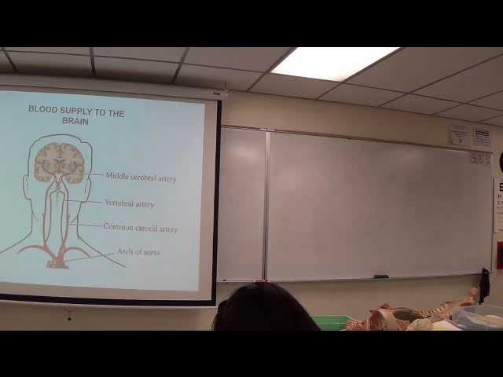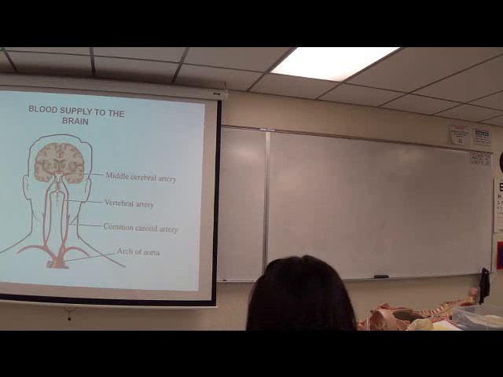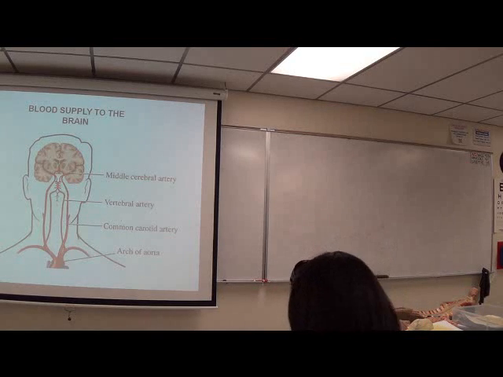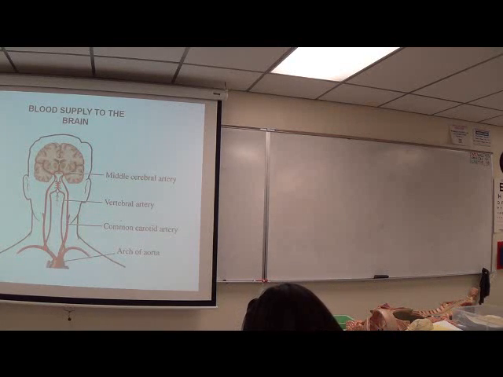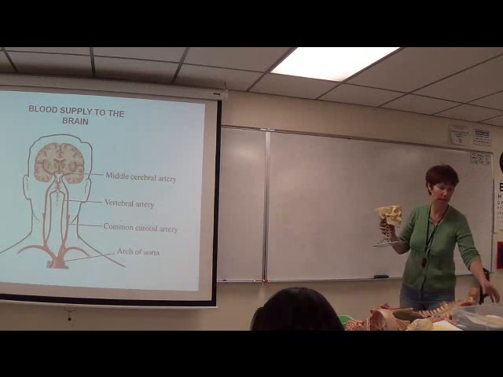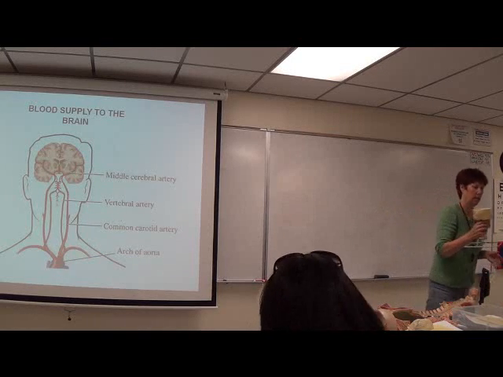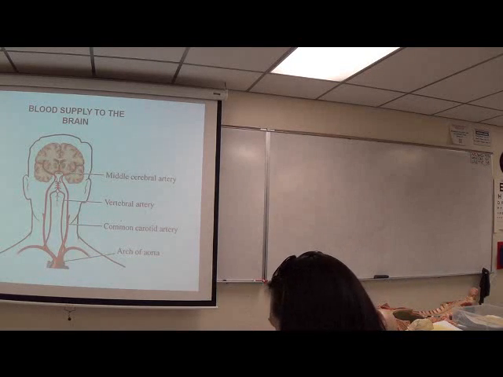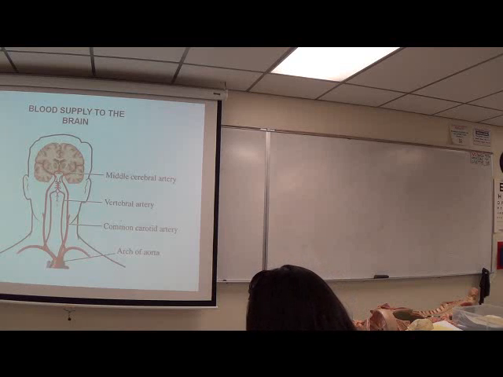And then you'll notice here, running up along the cervical vertebrae, we have the vertebral arteries. The vertebral arteries come in through the foramen magnum. They're much smaller, because if you remember looking at our cervical vertebrae, they don't have very large diameter. So those are the only two vessels that supply blood to the brain.